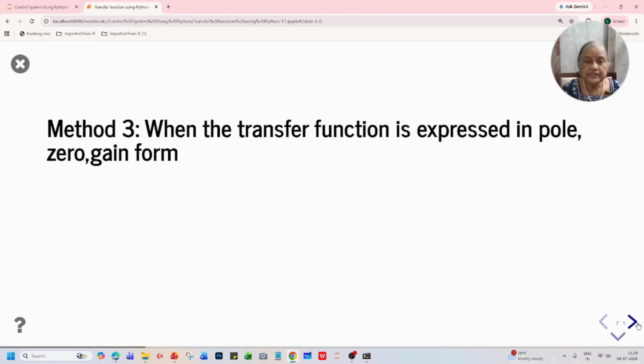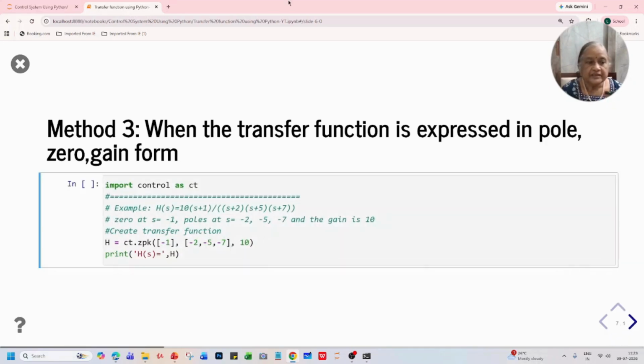In the third method, if the transfer function is expressed in pole-zero-gain form, we import the control systems library, because we are not making use of any other libraries here. This itself is sufficient.